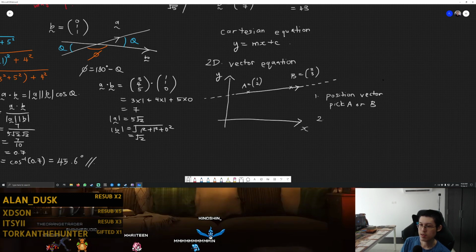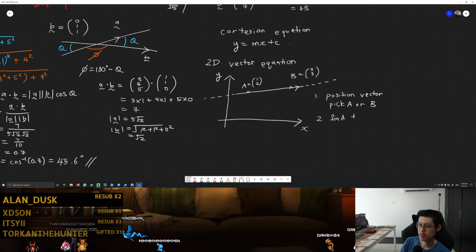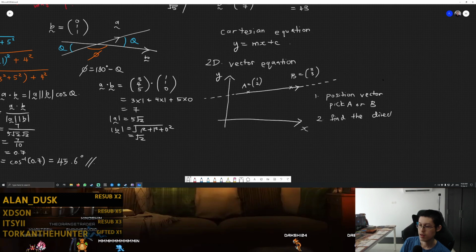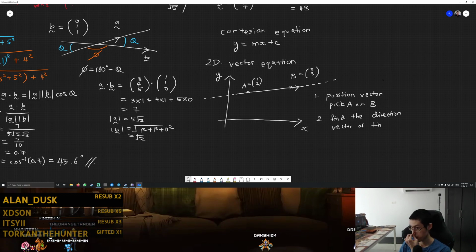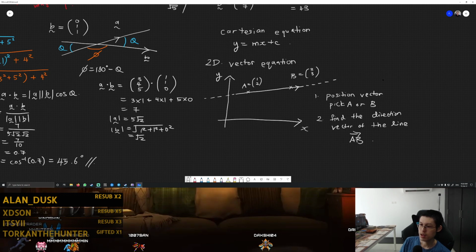Anyway, the second thing you have to do is find the direction vector of the line. So the direction vector here is just AB. What is AB?